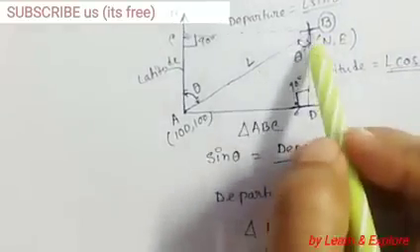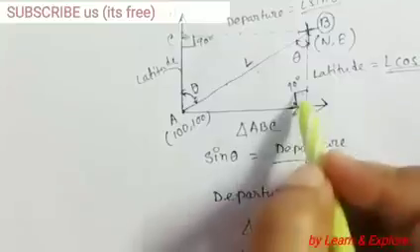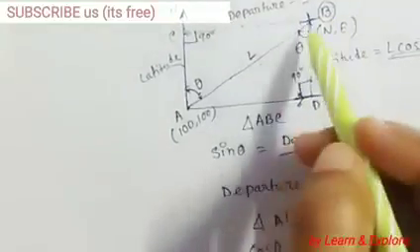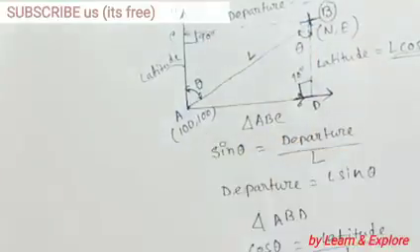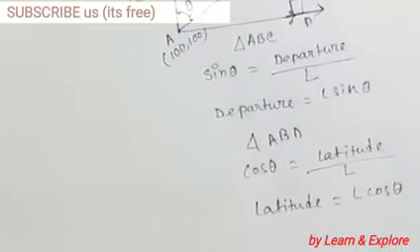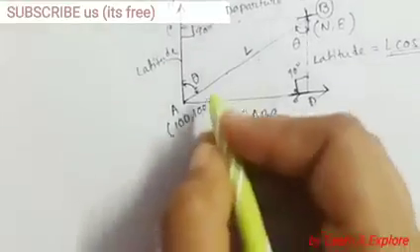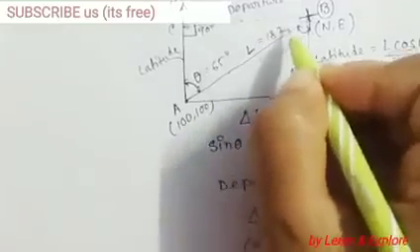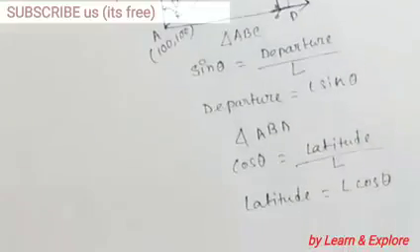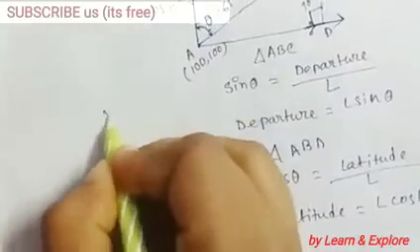For finding out the coordinate of this point, we have to calculate first the departure and the latitude. After that we have to add these lengths to the northing and easting values, then we can find the coordinate of point B. Suppose I am taking theta equal to 65 degrees and length equal to 182 meters.